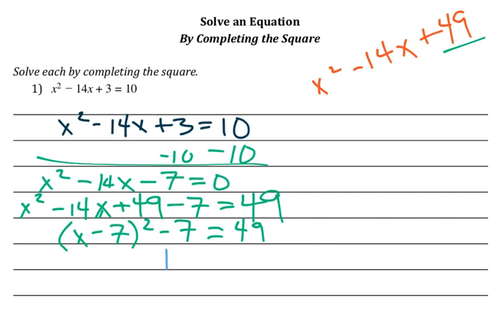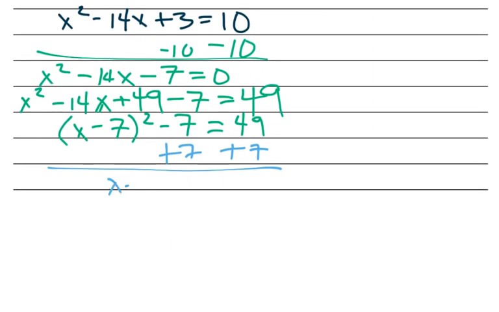Now I'm going to add 7 to both sides. And then x minus 7 squared will give me 56. Now these really wouldn't work out to be nice numbers. So here's x minus 7 is equal to positive or minus the square root of 56.